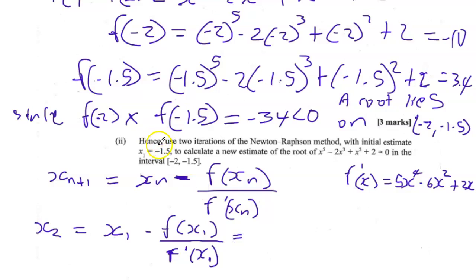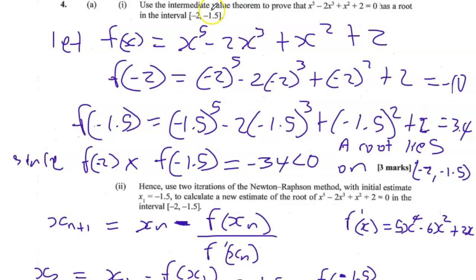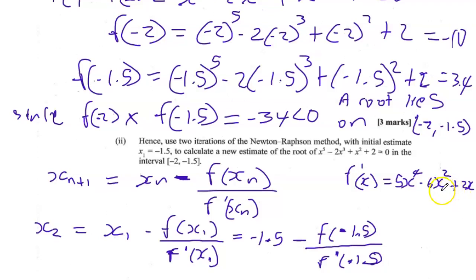Alright, so we know x1 is negative 1.5, minus f of negative 1.5 over f prime of negative 1.5. So f of negative 1.5 means we'll substitute negative 1.5 in the original function, and f prime of negative 1.5 means we'll substitute negative 1.5 in f prime, the derivative function.